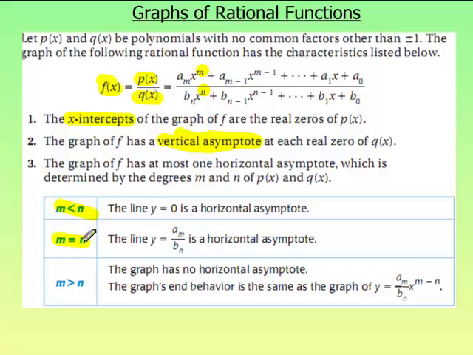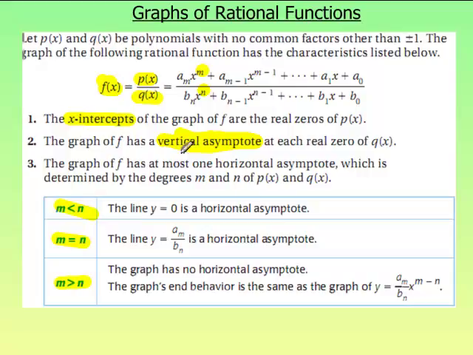When m is equal to n, then it's going to be a horizontal asymptote located at a sub n over b sub n, basically the ratio of the leading coefficients of each polynomial. And finally, when m is greater than n, in other words, the degree in the numerator is larger than the one in the denominator, then there will be no horizontal asymptotes.